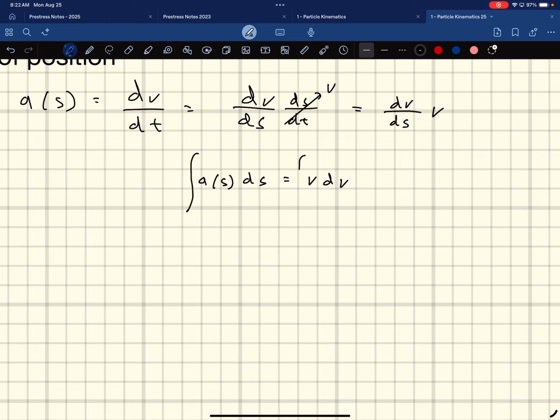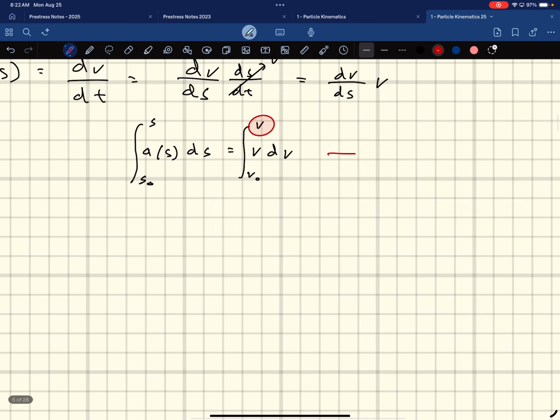Integrate this side, integrate this side. It's going from s naught to s. It's going to go v naught to v. Again, what I'm after is this velocity. So you carry out that integral and solve for that velocity. And when you do that, you'll get velocity as a function of position.